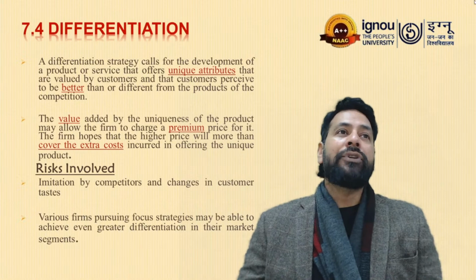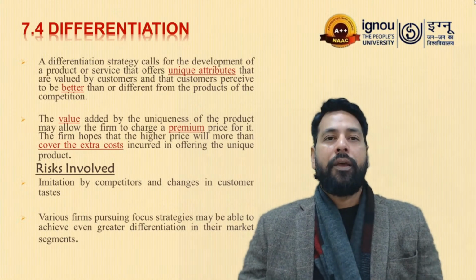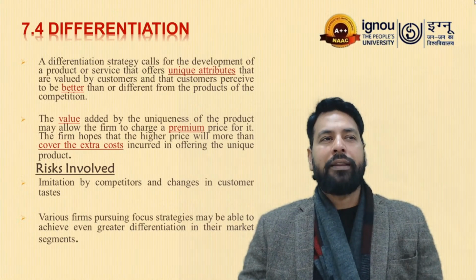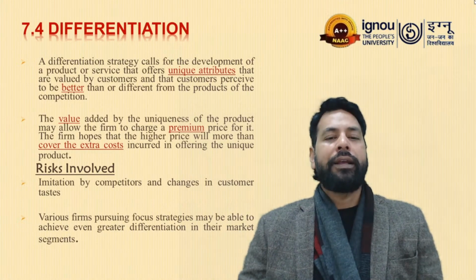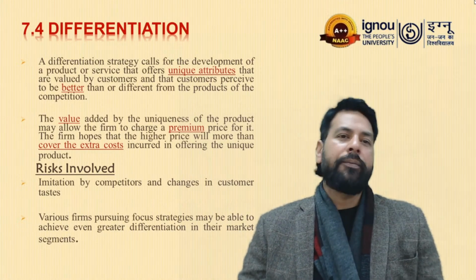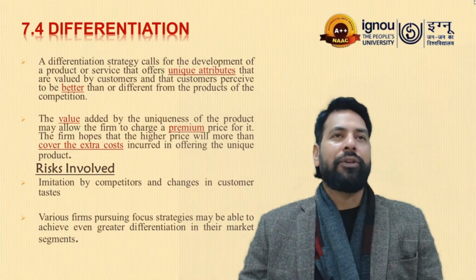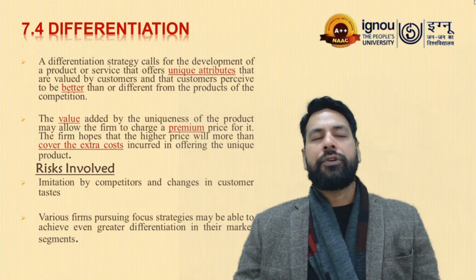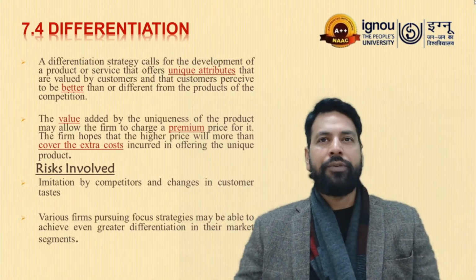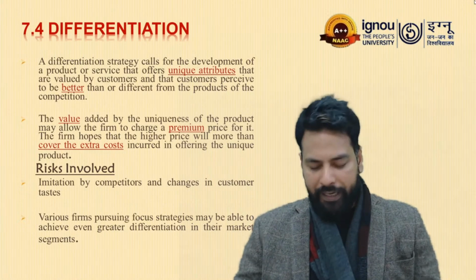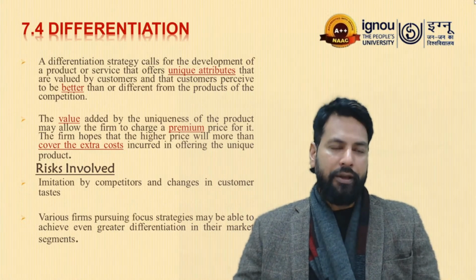Now, I can differentiate further because I know my market, they are only a handful, so I can experiment. So there, your differentiation strategy will go out of the window. So these are the risks associated with this strategy which a marketing organization should take care of.